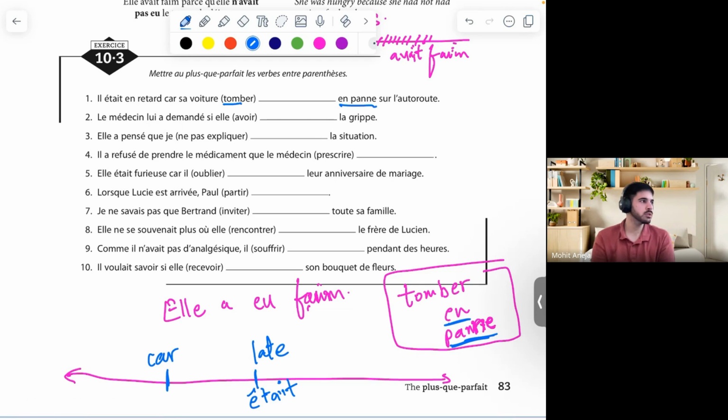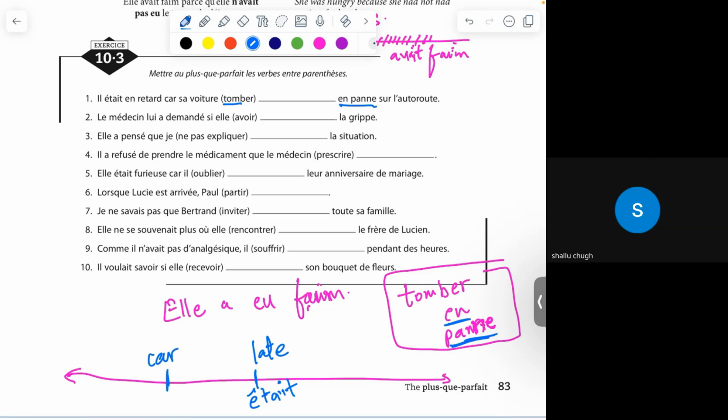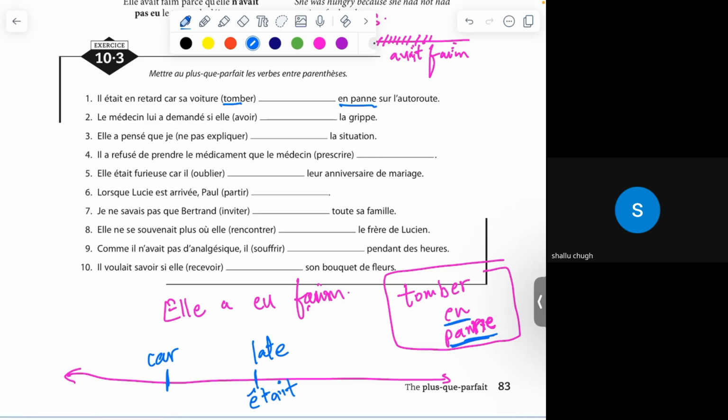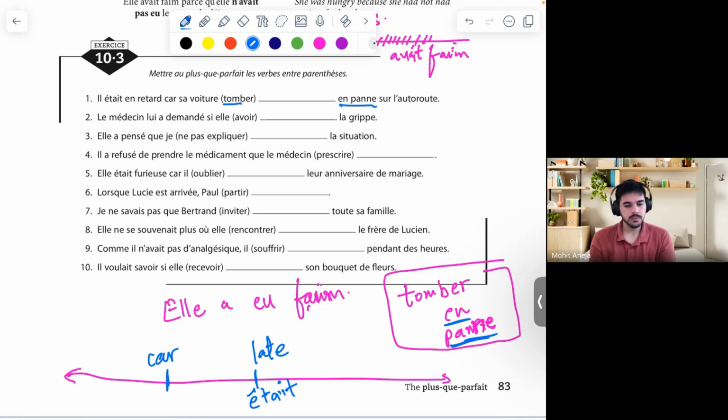And what is the gender of voiture? Feminine. It's voiture, okay। Yes. Voiture, it's feminine, ठीक है। तो अब let's conjugate, now you know the gender, now you know the tense we are going to use। Let's conjugate this। How will we conjugate tombe en panne?